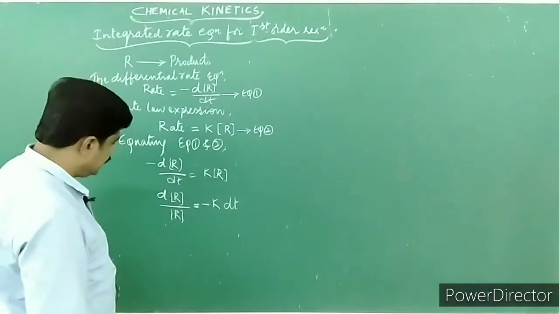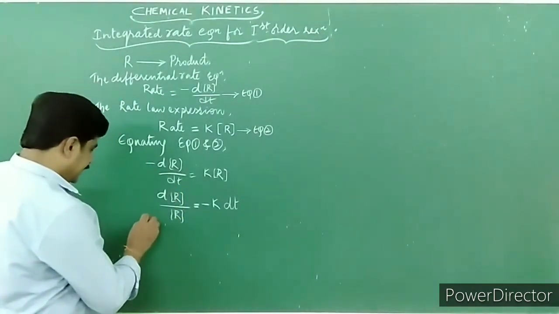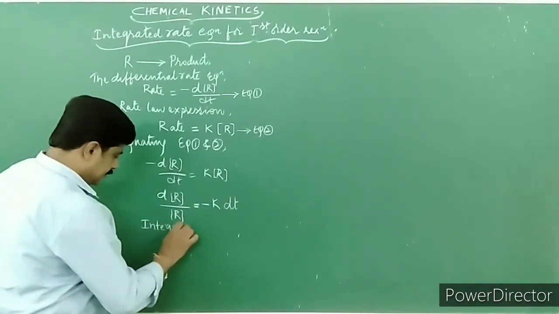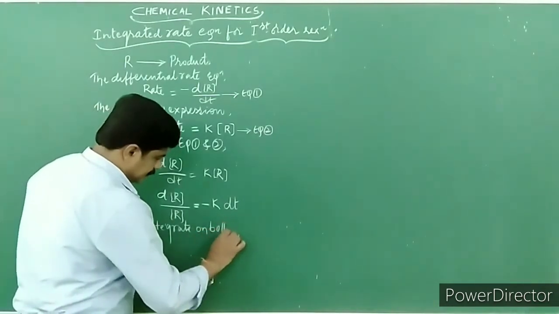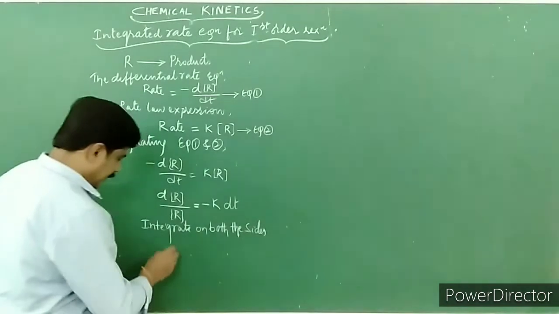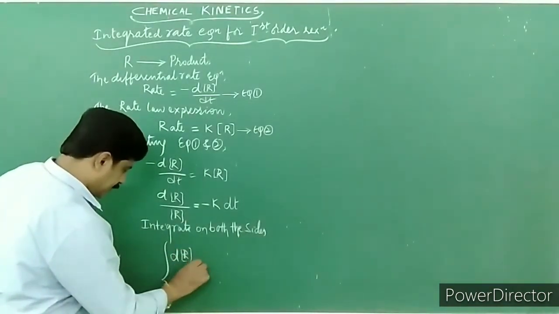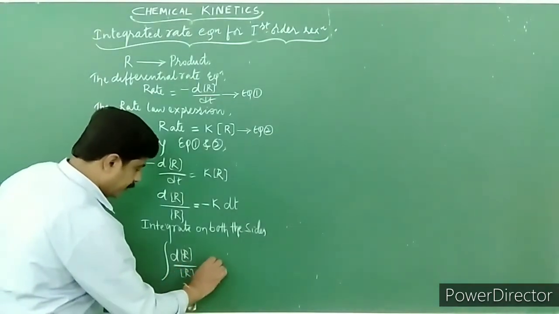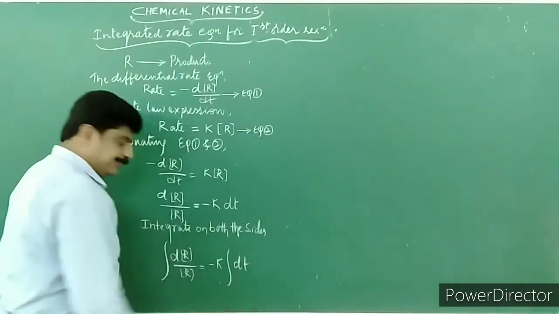Hope you got it. Now once I do this, children, I'll go for integrating on both sides. Look at here, integral of dR upon R is equal to minus k, the integration of dt.